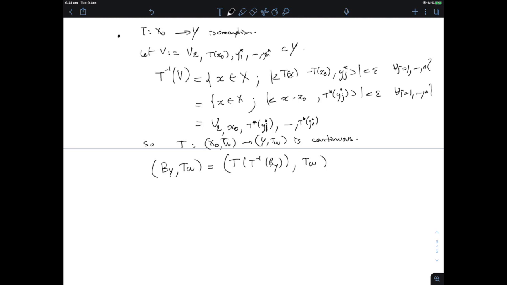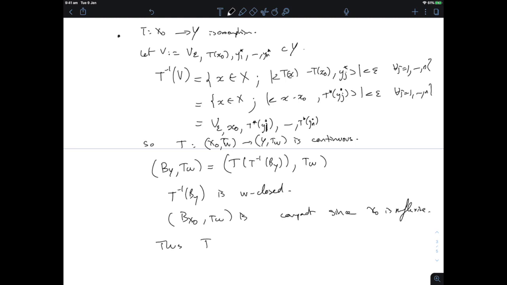But now the inverse image of the unit ball of Y is weakly closed inside a weakly compact set. Well, it's compact for the weak topology, right? Because X naught is reflexive. Therefore, T minus 1 of the unit ball of Y is weakly closed.